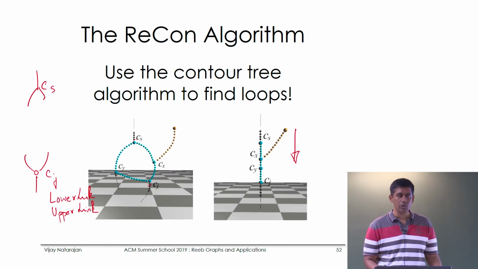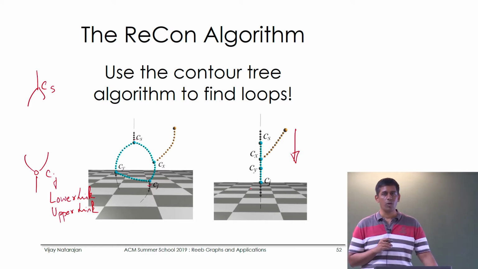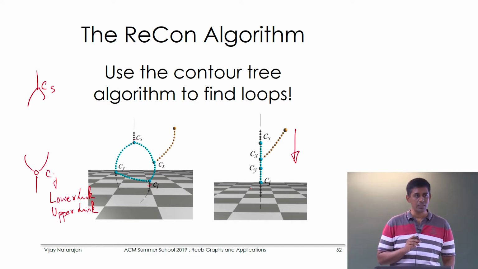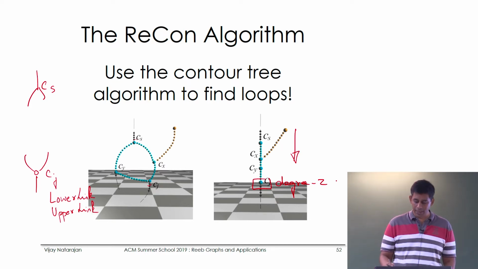C sub j will also be a node in the augmented graph, and it will be degree 2. So, the characterization is the following: I am looking at saddles which have this kind of a structure and are degree 2 in the join tree that I compute.